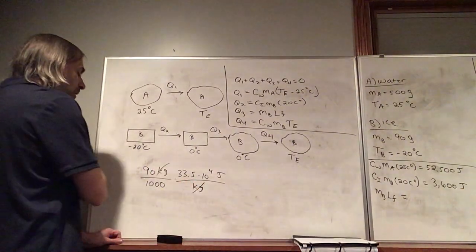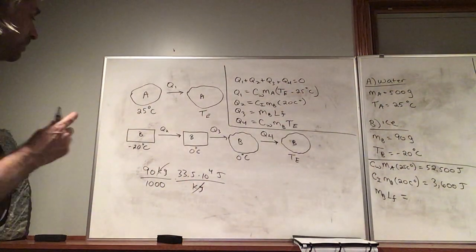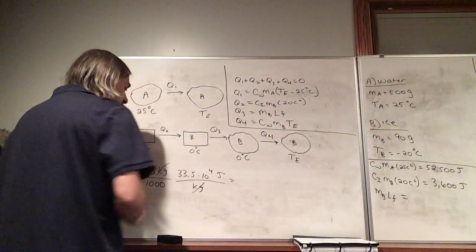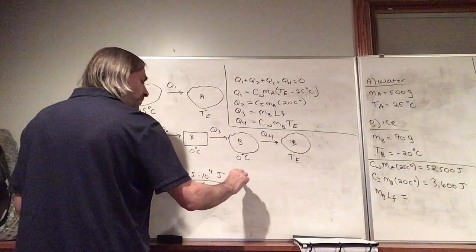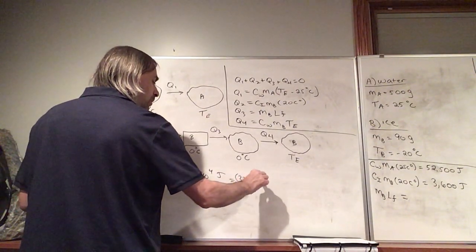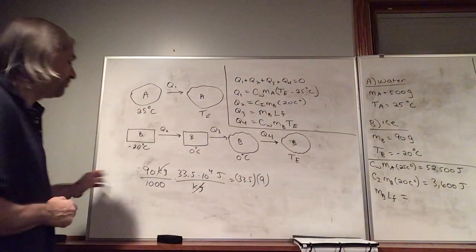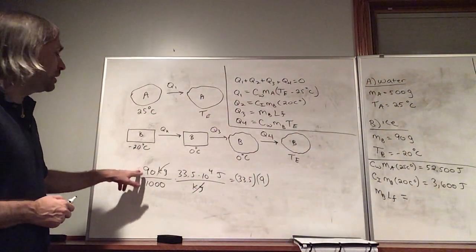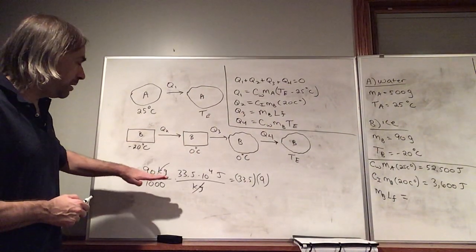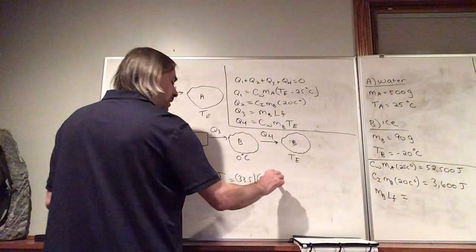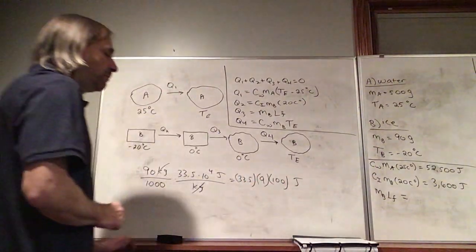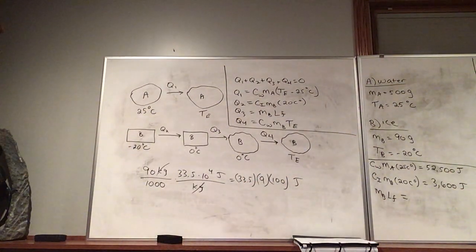So again, that's going to cancel. Okay, so what I'm going to do, a little carefully, I'm going to write this as 33.5 times 9. So here we have times 90. So I'm going to write this as 9 times 10. That'll be 10 to the 5th, and then divided by 10 to the 3rd. Okay. So that'll be the answer.